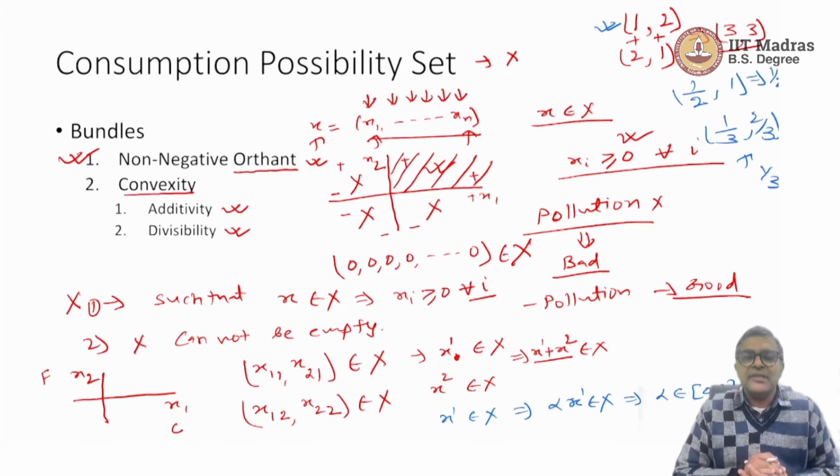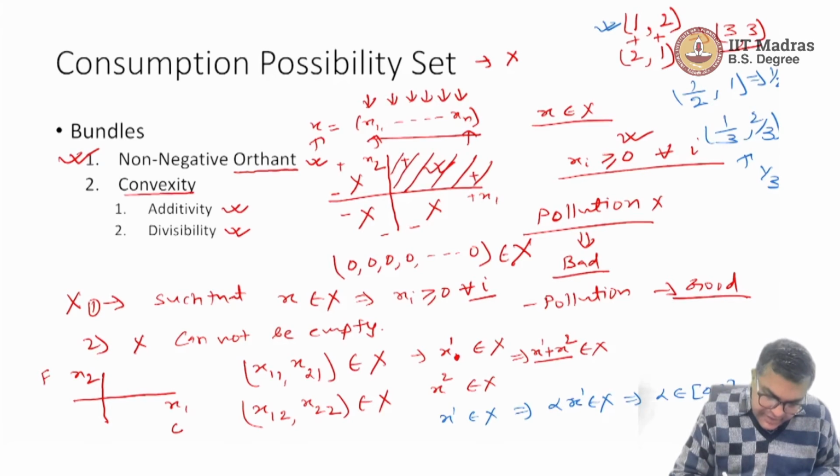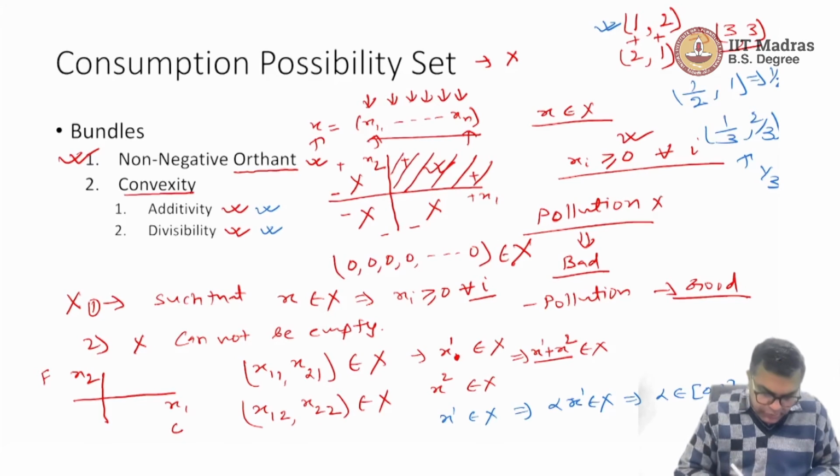But assuming this divisibility really helps us with mathematics, and therefore we assume it, and most of the time it is able to give us good approximate results, and therefore we will also assume divisibility. And if a set satisfies the additivity criteria, what do we mean?